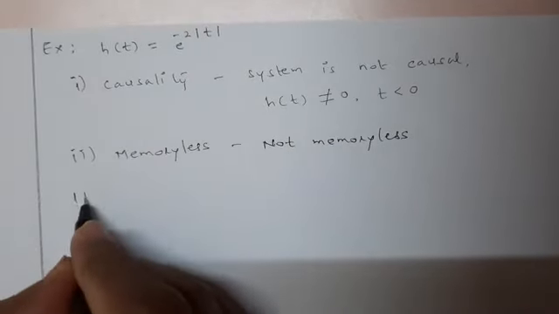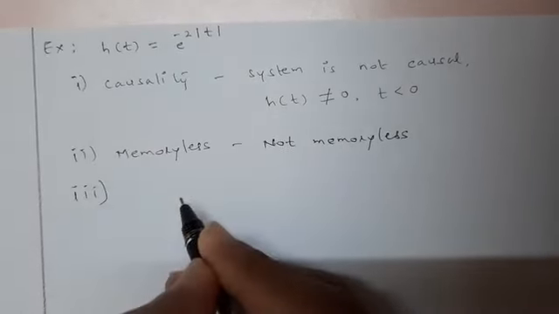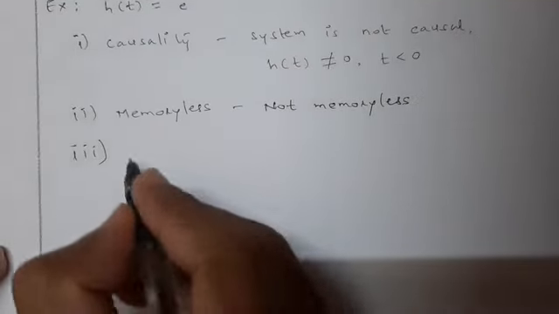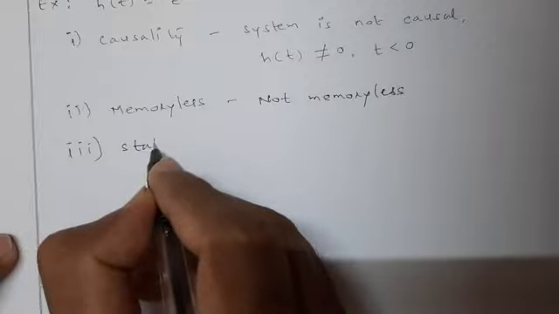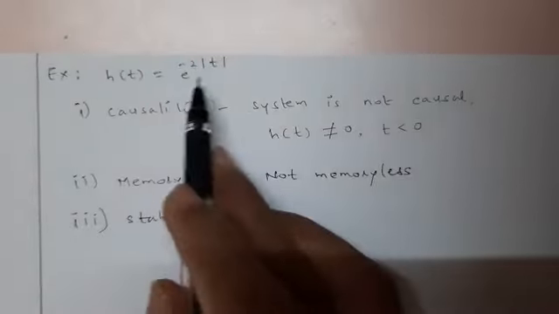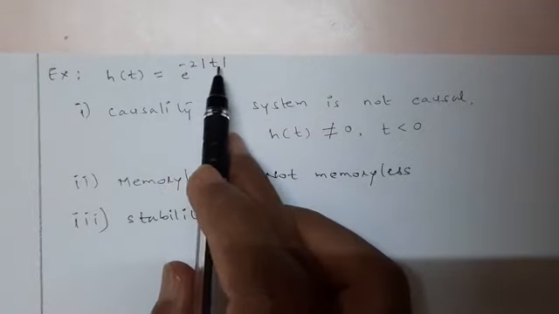Okay, third one, so the last one, stability. So h of t is e to the power minus 2 del of t.